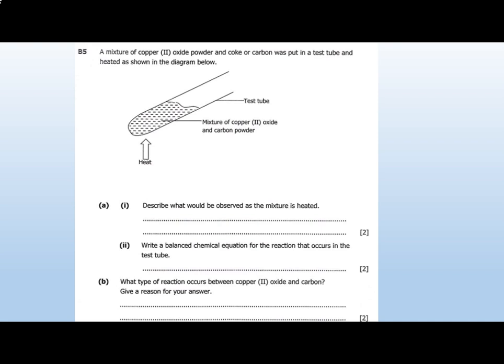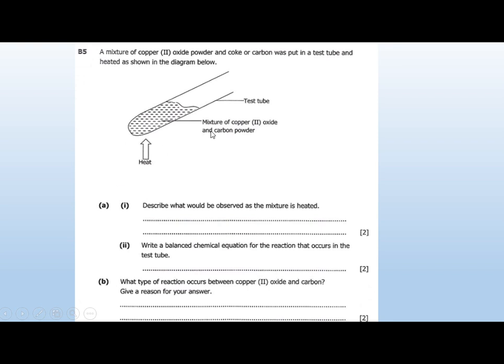So one thing that we can observe is that this mixture here is a combination of copper(II) oxide and pure carbon, also known as coke. Now there's also some heat being applied this side. No wonder they're saying it was heated.